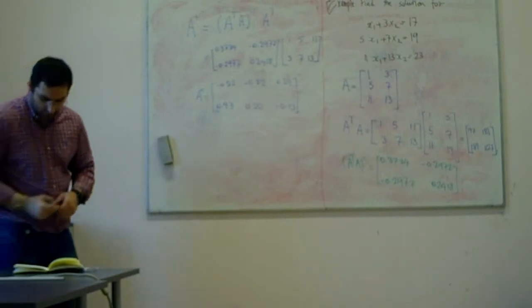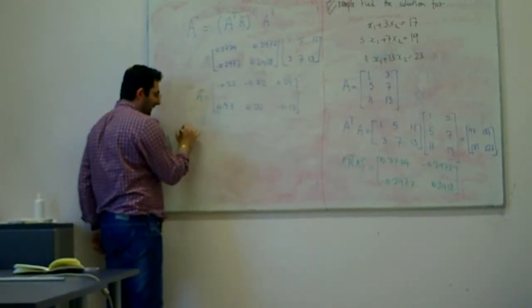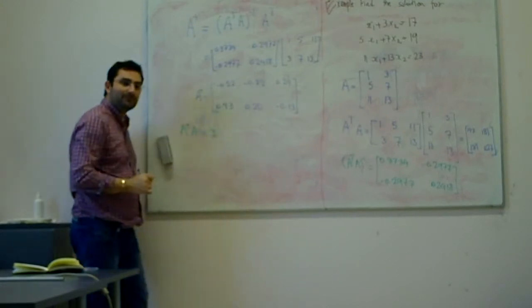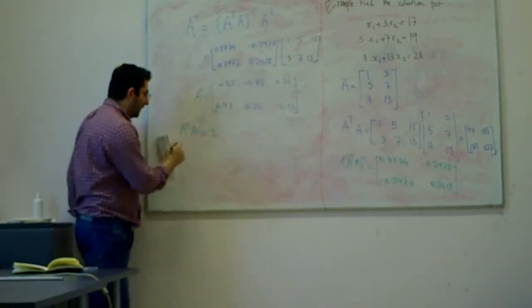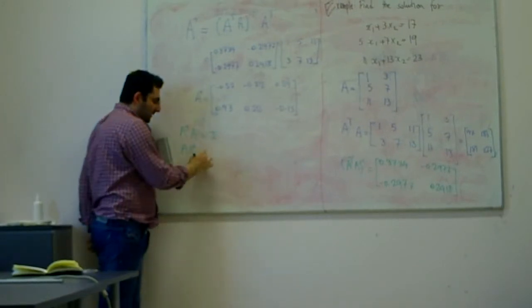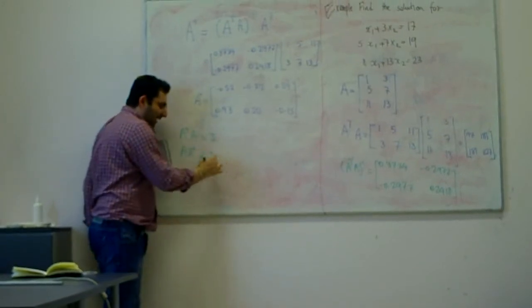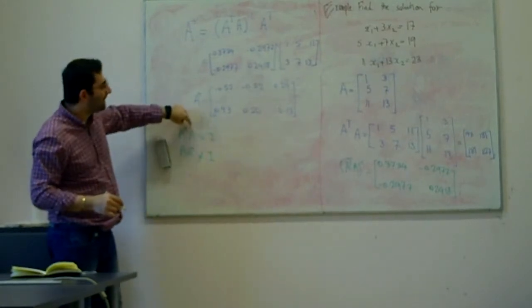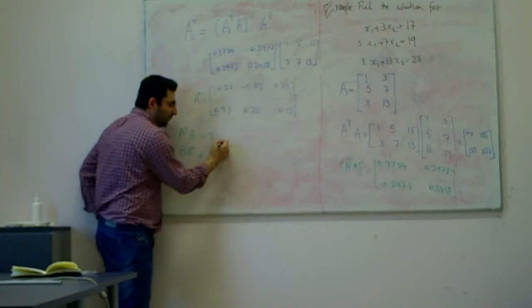Do something for me. Calculate A plus times A. You will see that it will be I. Not now, we'll do it at home. And if you calculate A times A plus, you will not get I. Now, if you have A plus A, you will get I2.